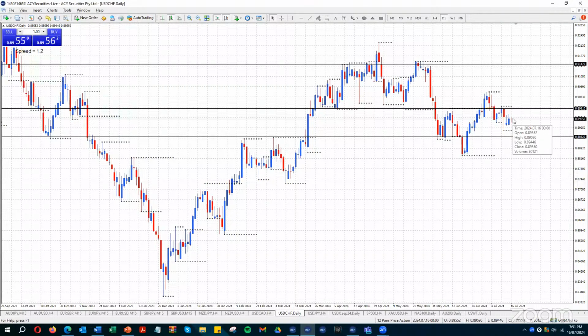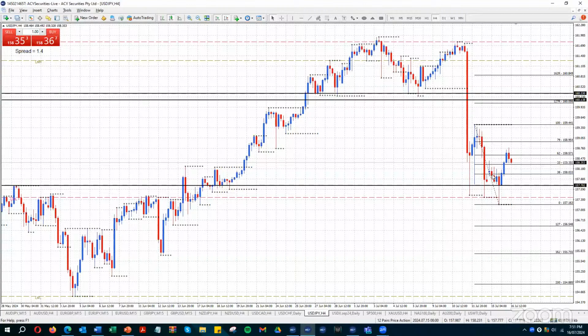And it's just stuck between this range here. So really, I'd like it to come back up to 89.91. That would be an area of resistance to look for a short potentially. And supports down here at 88.92, and we're kind of nowhere near either one of those levels. So those are the two levels I'm watching.